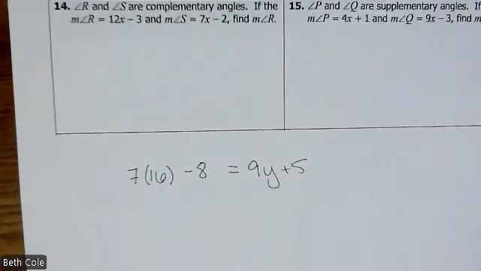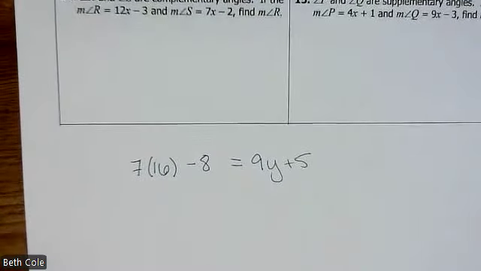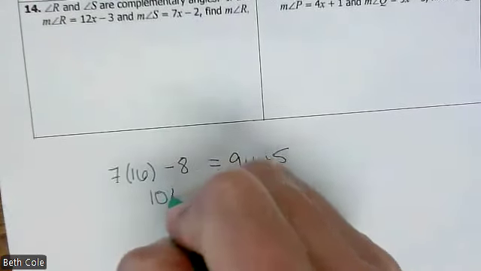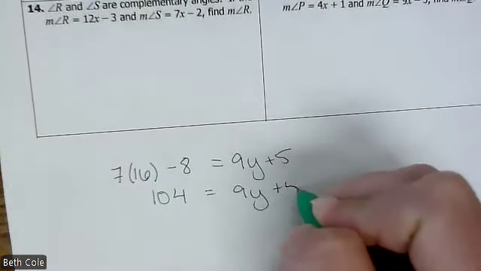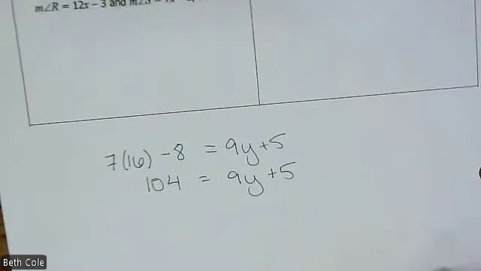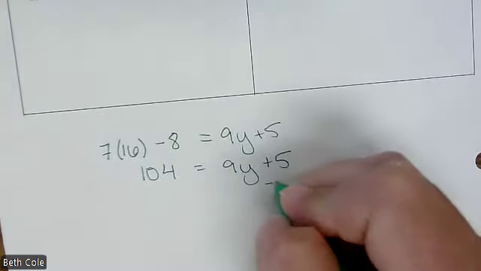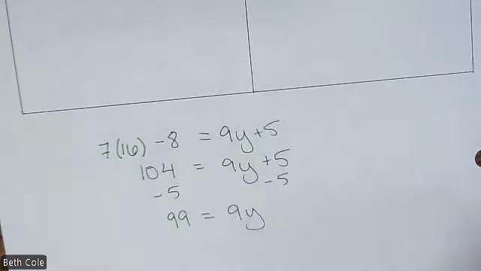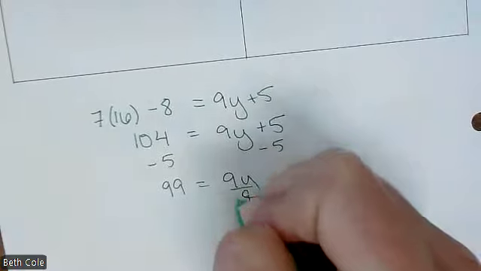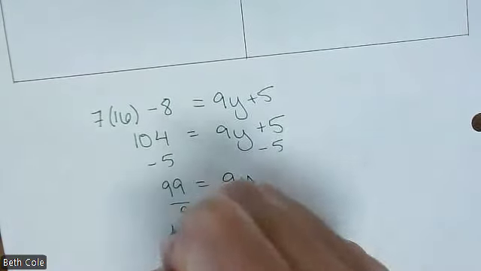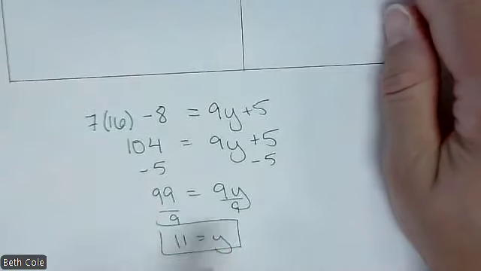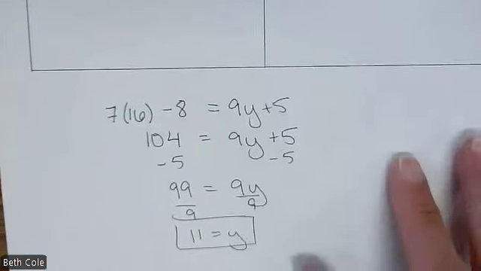This I'm going to just put in the calculator. 7 times 16 minus 8 gives me 104. What next? Minus 5, so that's going to give us 99 equals 9y, and so y is 11. We don't have to plug that in because all it asked for was x and y. x was 16 and y was 11. So we can stop there.